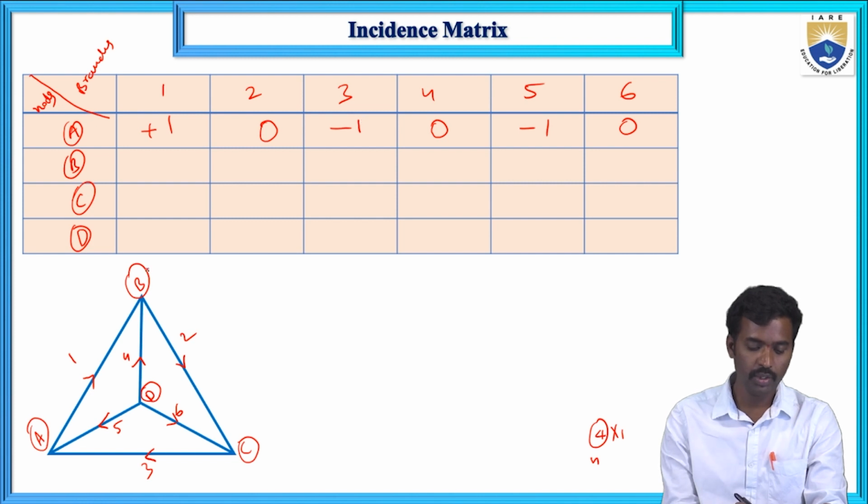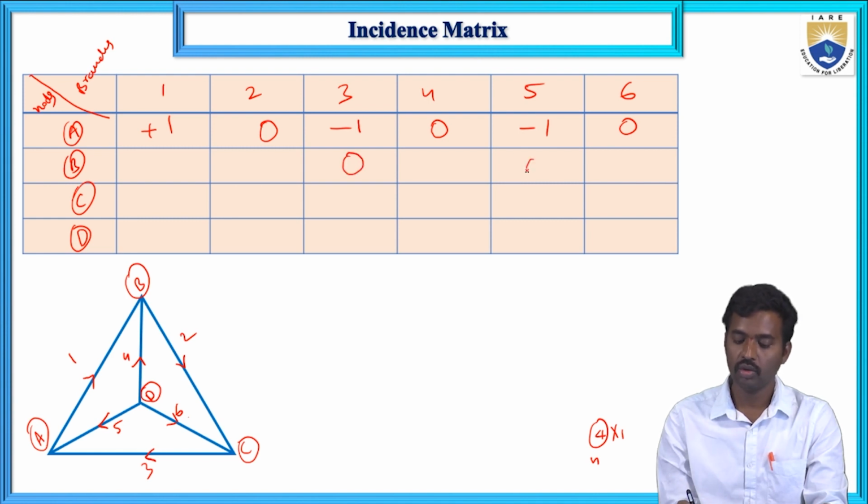Next, node B. The branches not associated are 5, 6 and 3, so those are 0, 0 and 0.